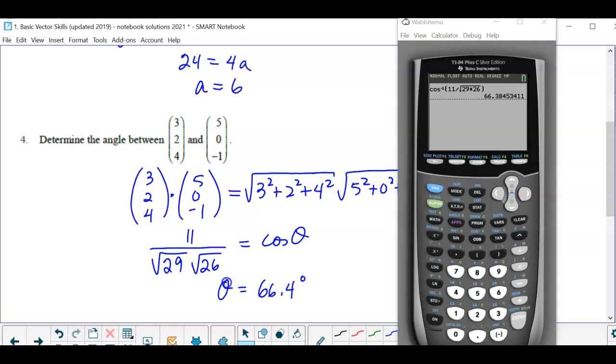It doesn't say what to round to, so we'll go to the nearest 10. Sometimes we might say the acute angle in between two vectors, and so you would subtract. That would actually be more with equations of lines, so you don't have to worry about that. Okay, next one.